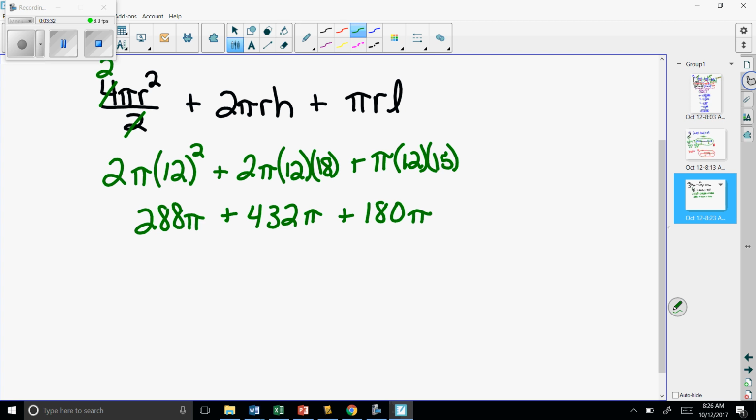So now when you add them together, you get 900 pi. I tried adding from left to right instead of right to left. Units? Square meters, because we found surface area.